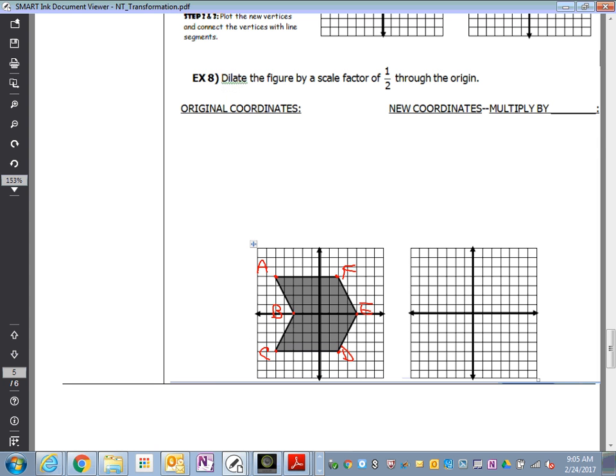It's difficult finding the coordinates. That's all you have to do so far is find the coordinates.